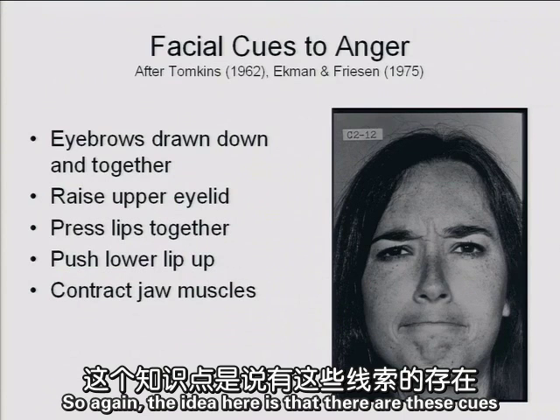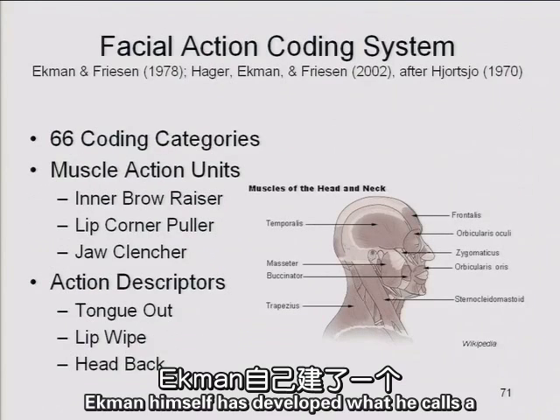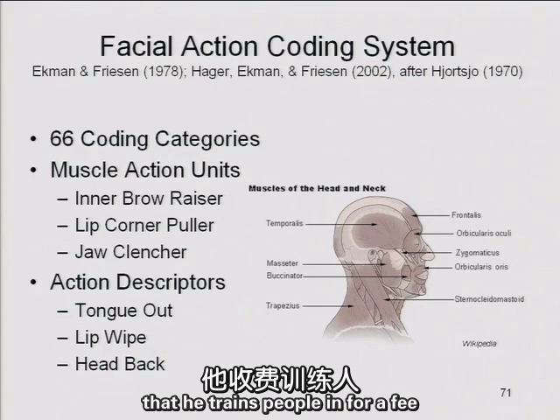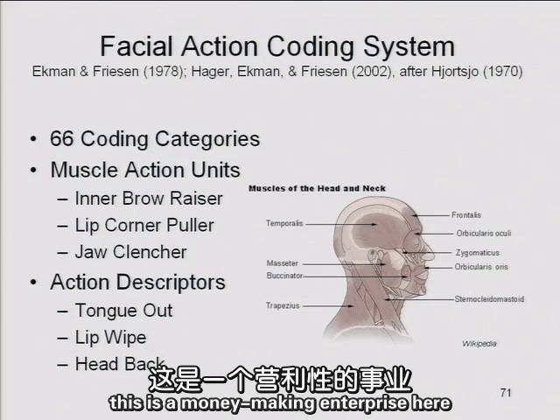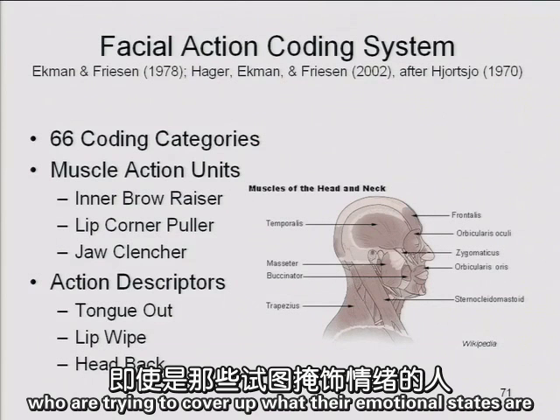So again, the idea here is that there are these nonverbal cues to people's internal states. Ekman himself has developed what he calls a facial action coding scheme that he trains people in for a fee. This is a money-making enterprise here. Basically it trains people to read these expressions, even in people who are trying to cover up what their emotional states are.